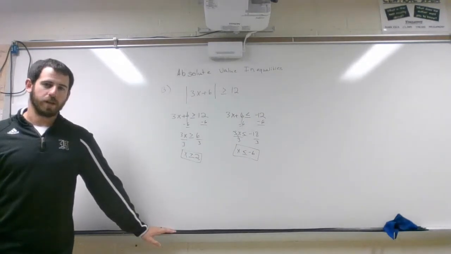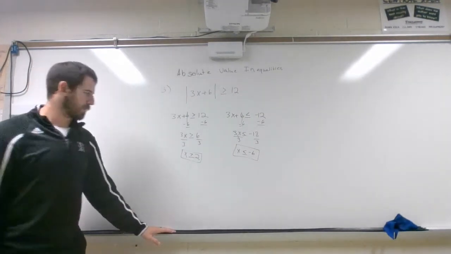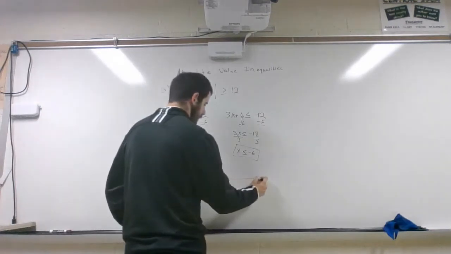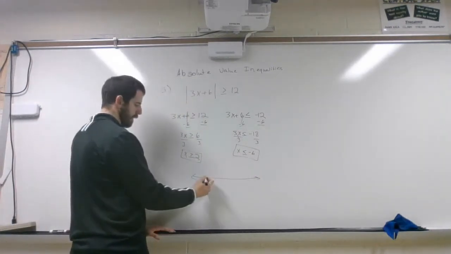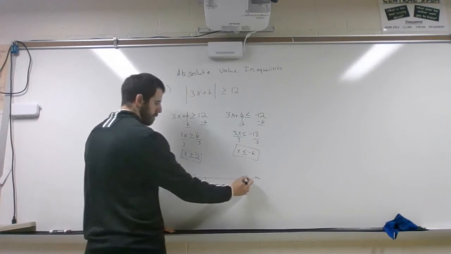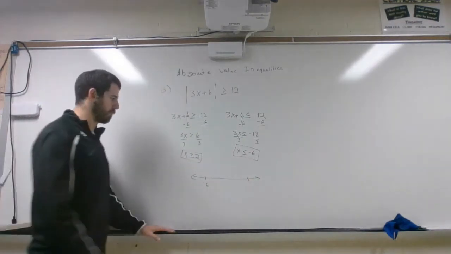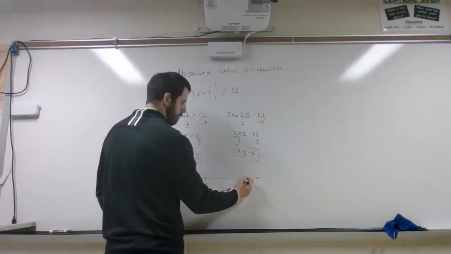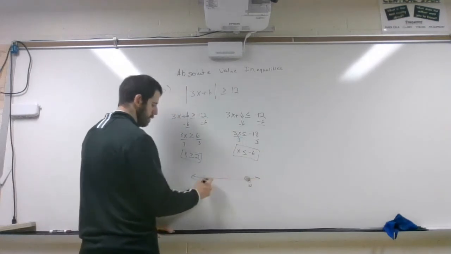And then we go ahead and graph it. Smaller number on the left, so negative 6 is on the left. Larger number on the right, so we have 2 on the right. Both of these are closed circles.